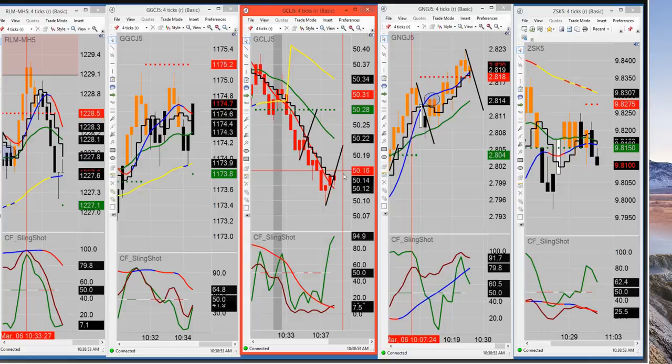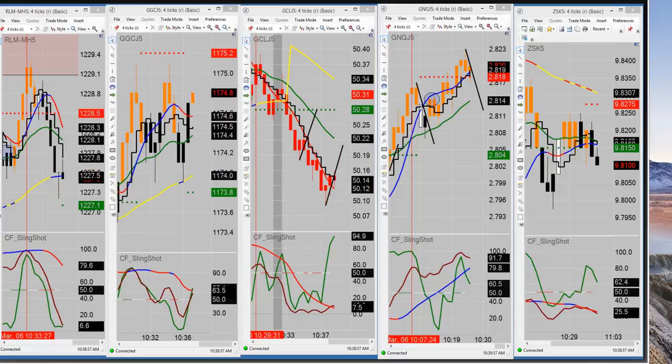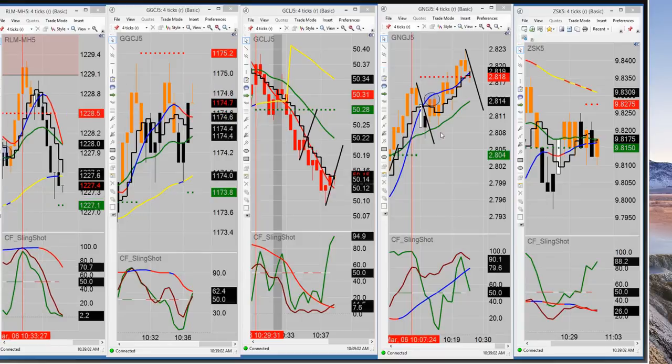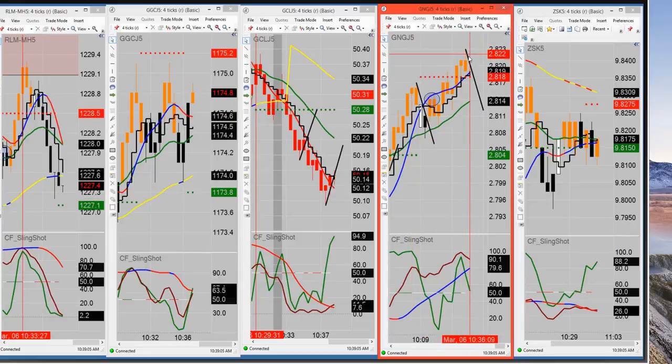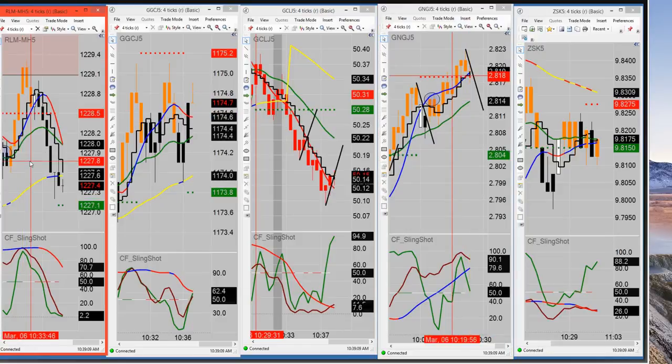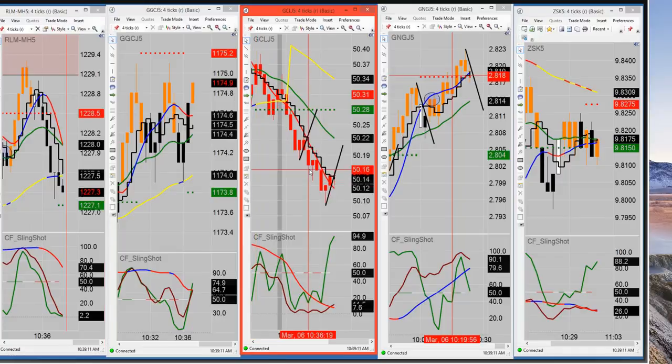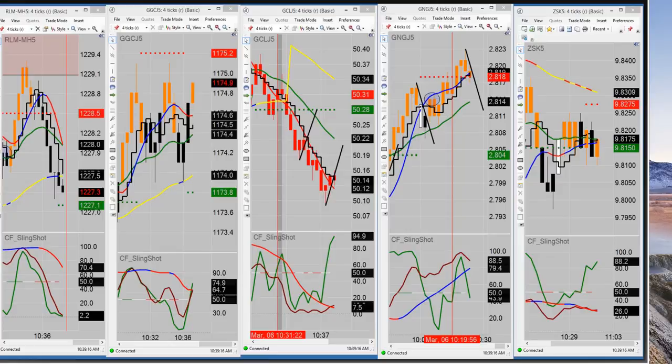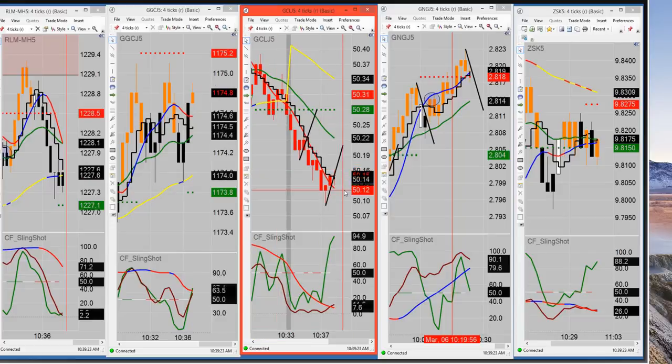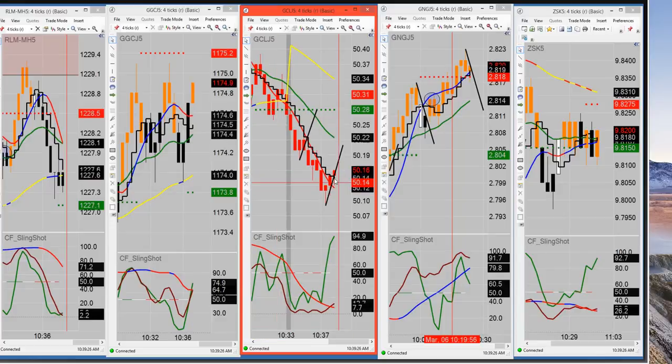50.16 is the high on this on crude. Look for a down close at 50.12. Okay, a down close at 50.12 on the crude. $50.16 is the high, $50.12 will be the low here on the crude.